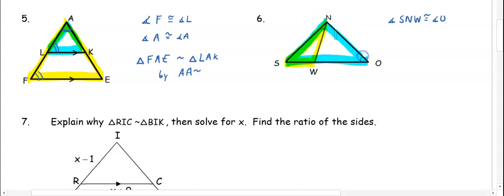And I want to use that because if I looked at just the smaller two triangles, there's nothing in common to get a second angle measure. But now that I use the bigger triangle and then the triangle that's in yellow, S is a shared angle, so angle S is congruent to angle S. So we would have triangle SNW is similar to triangle SON by angle-angle similarity.